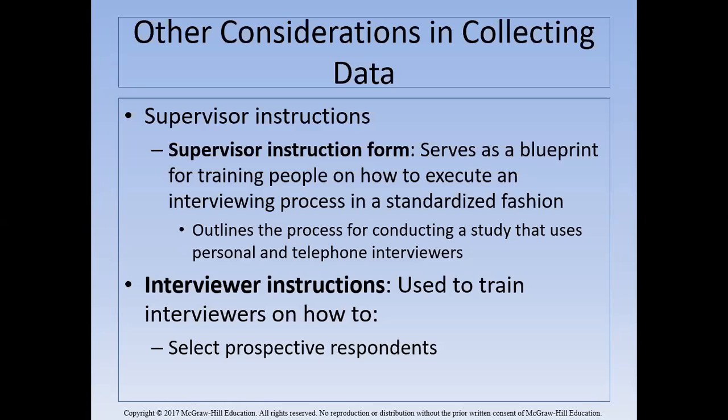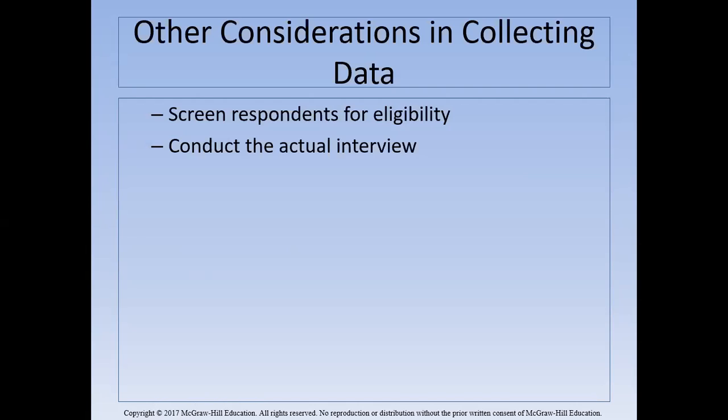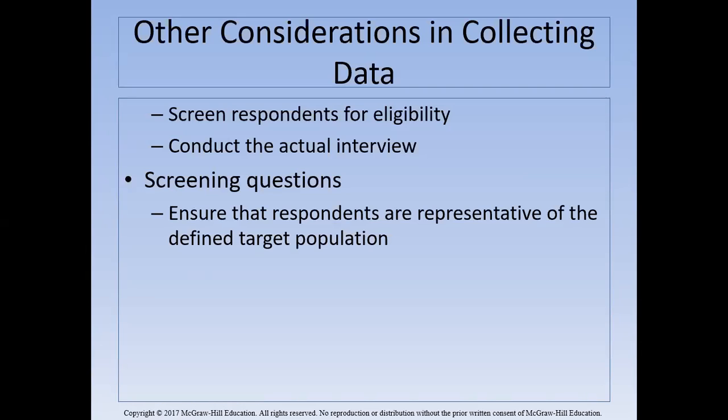So they do it in a proper way, the procedures, how it's done, and select whether you want to continue with this person that you're going to interview or tell them it's not suitable. So you need to screen the respondents, whether they are eligible or not. Then conduct the actual interview, how you're supposed to conduct it, and screen the questions.